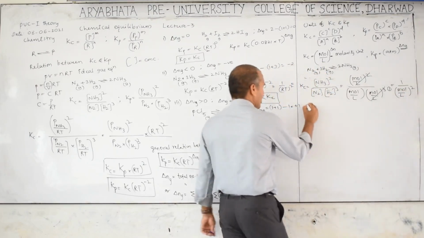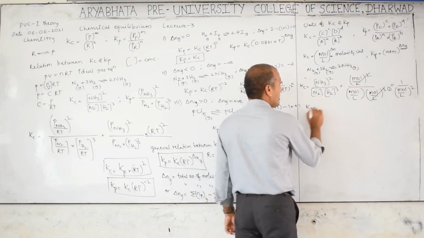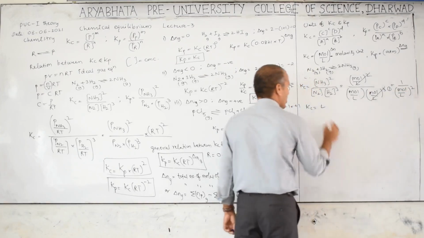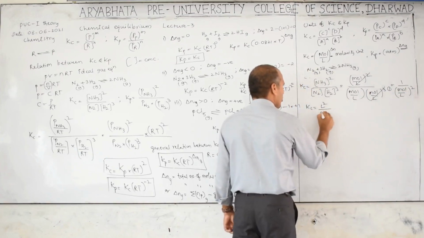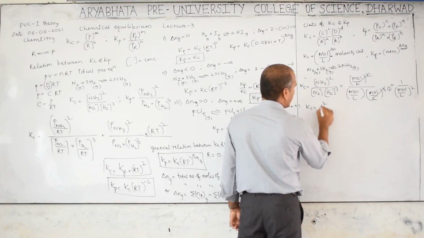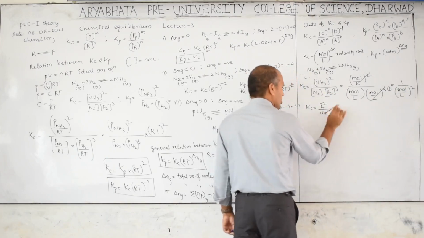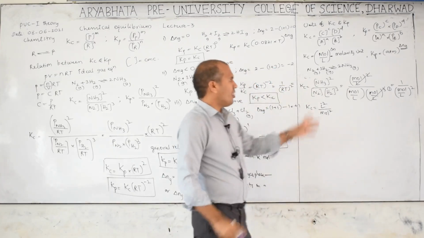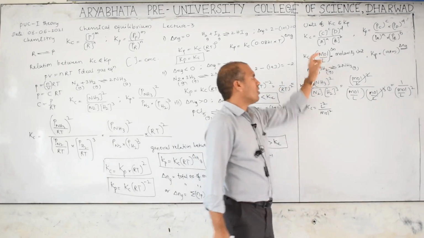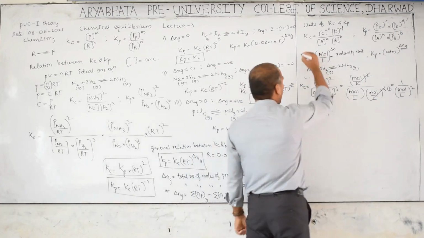So this can be represented as Kc equals mole square liter square, then this may be liter square by mole, liter inverse mole square. Now if you do this much anywhere, you will make a mistake. Therefore you have to follow the direct short form.